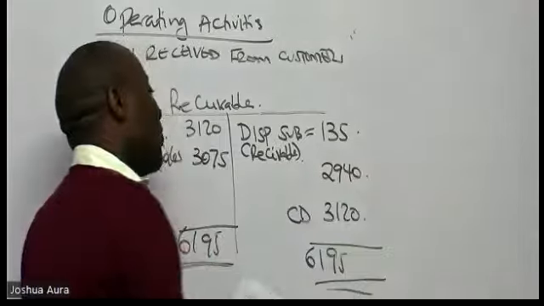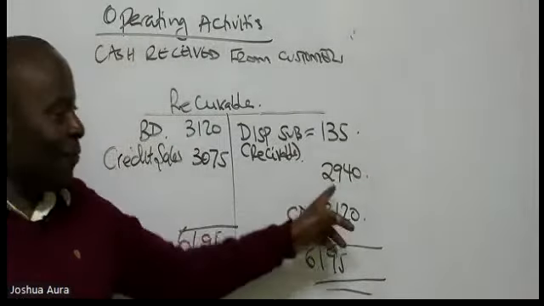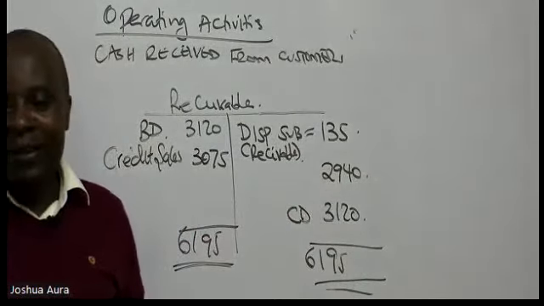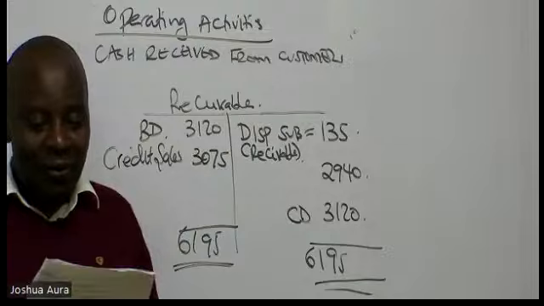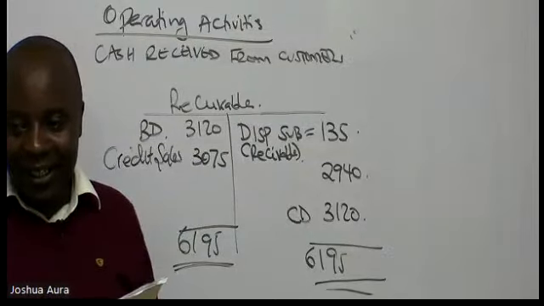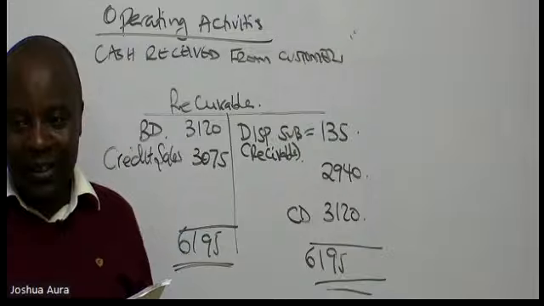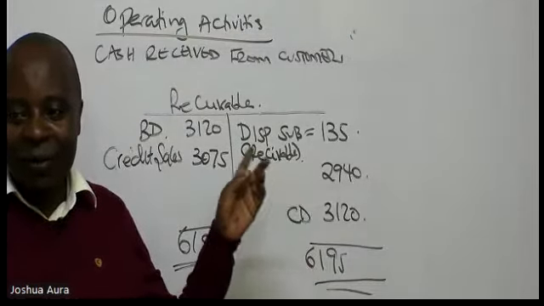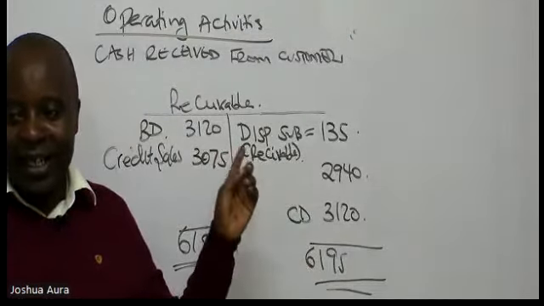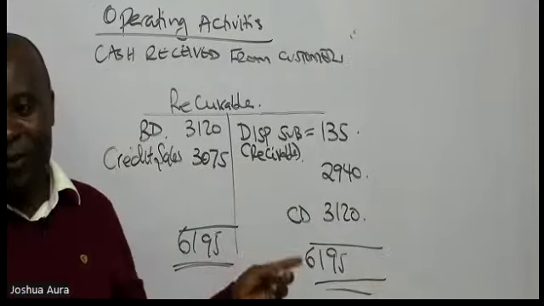So what name do we give to this 2940? This must be the cash that we received from our customers, isn't it? Cash received from customers.